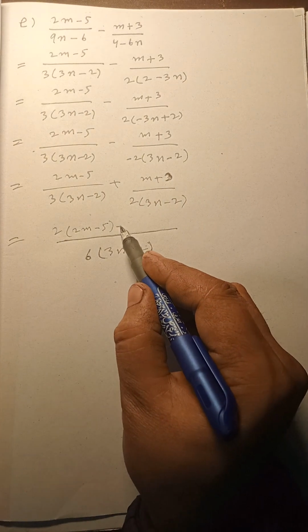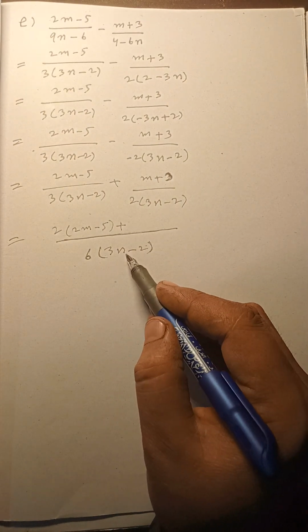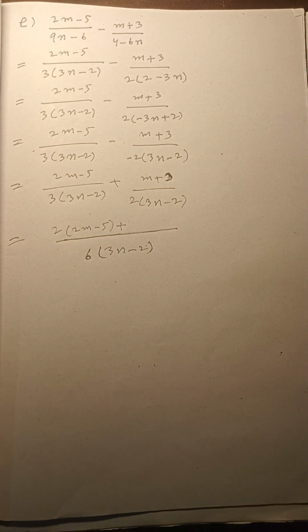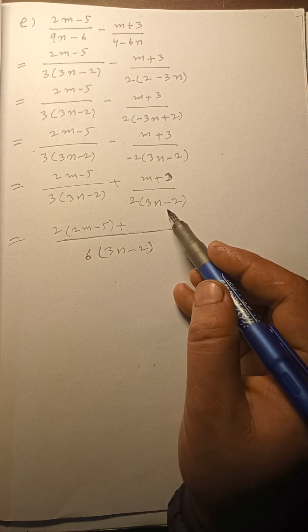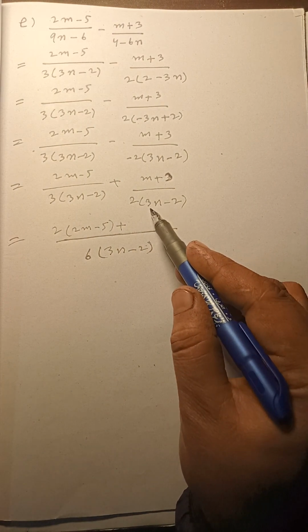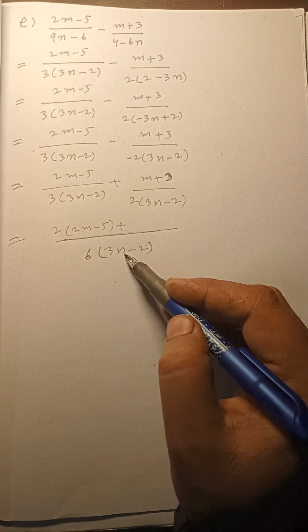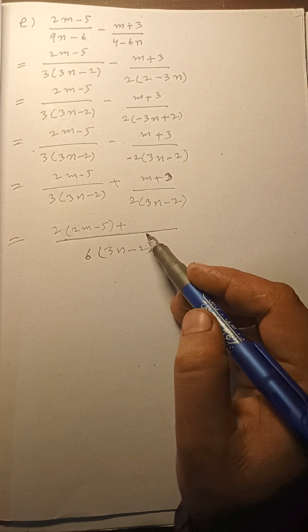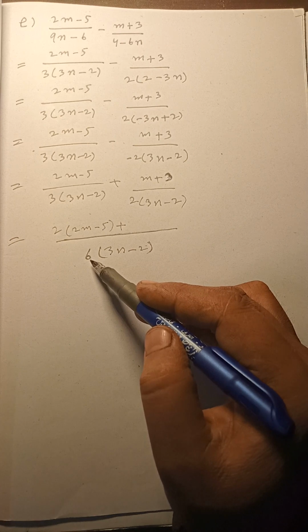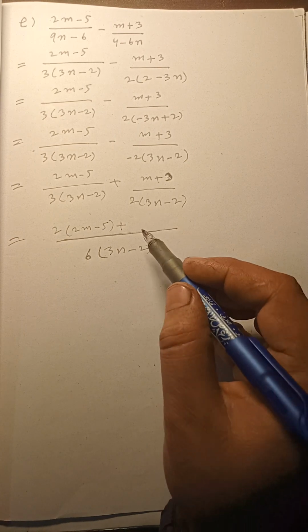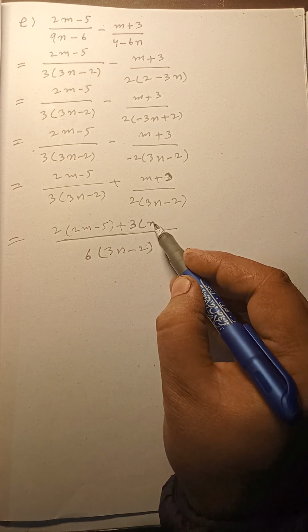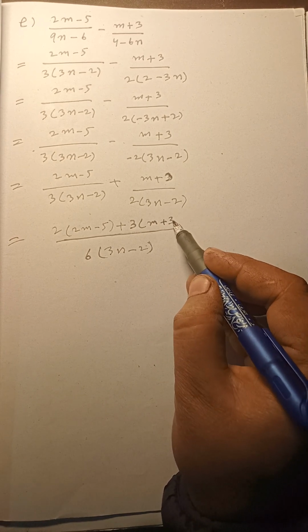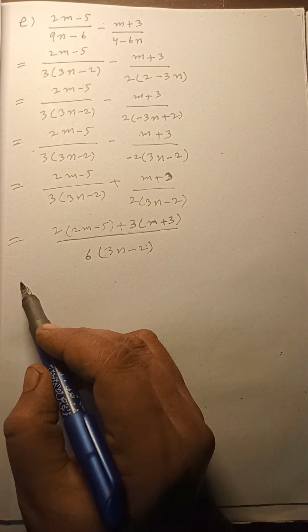Then plus sign here, when 6 into (3n-2) is divided by this denominator 2 into (3n-2), it becomes 6 only, and 6 divided by 2, the answer is 3, and we will write here 3, and (m+3) will be multiplied by this number.